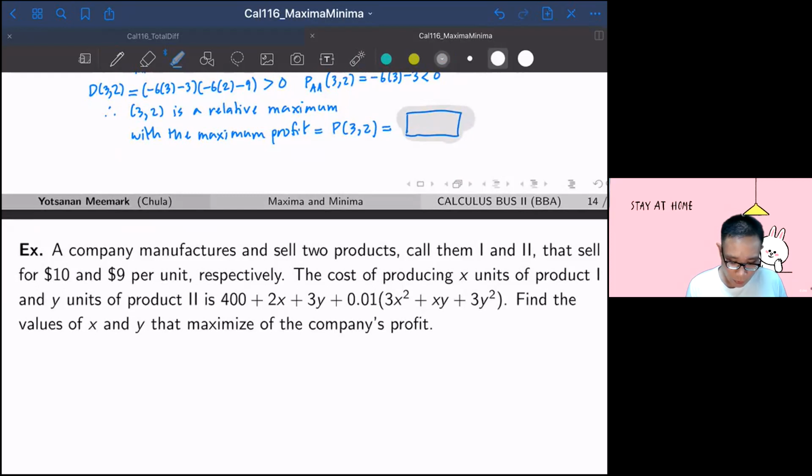We would like to find the values of X and Y that maximize the company profit. So you see that this one gives you the sales, so you would get the revenue.